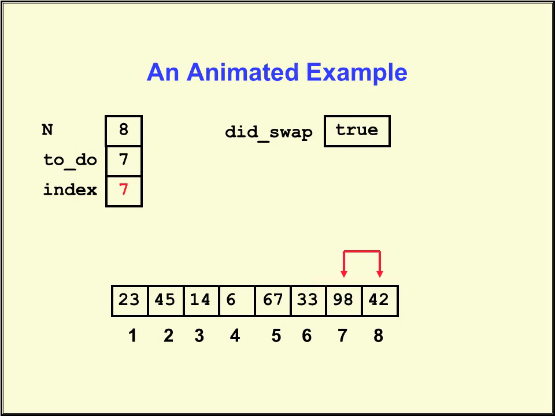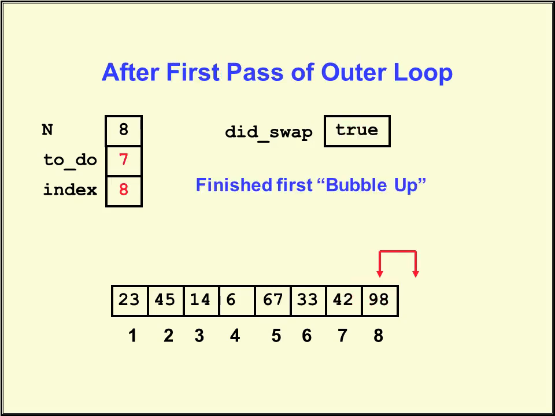We check whether 98 is greater than 42, so swapping will occur, and the index values of 98 and 42 will be changed. After the first pass we get the list 23, 45, 14, 6, 67, 33, 42 and 98.